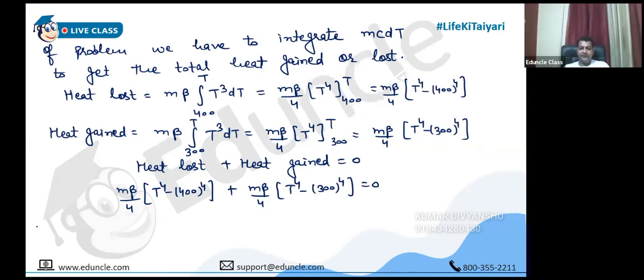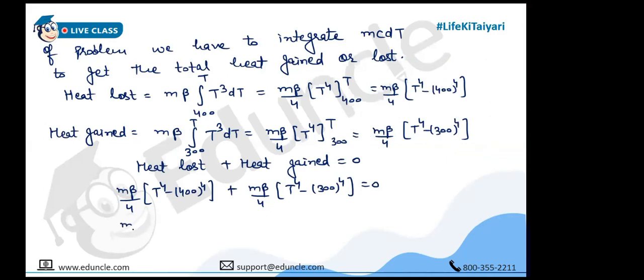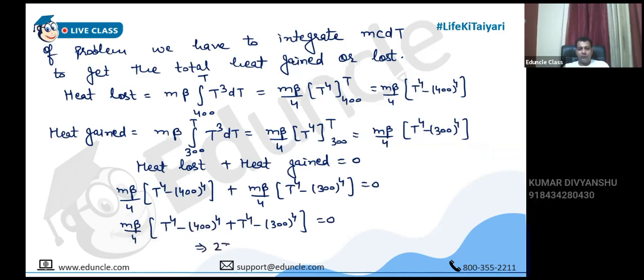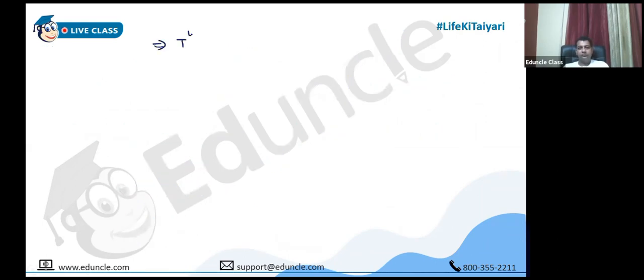Okay, they cannot. So m beta by 4 can be taken as common, and we are left with 2T power 4. Now you need to solve this smartly. Obviously, I can take 100 power 4 common from both of these.